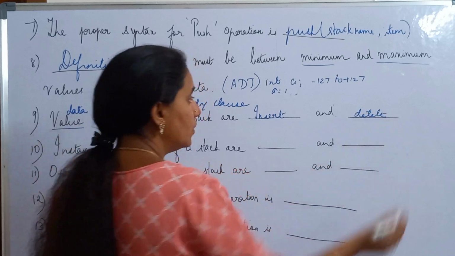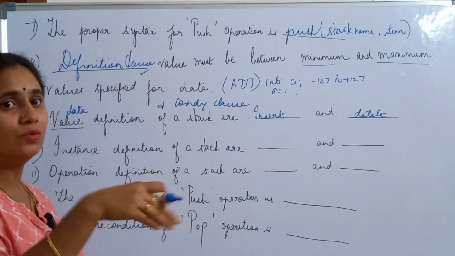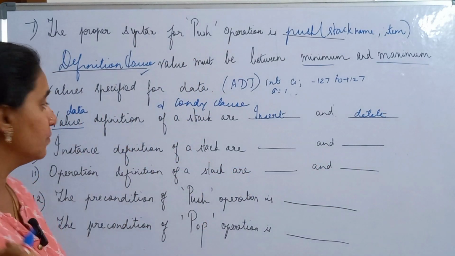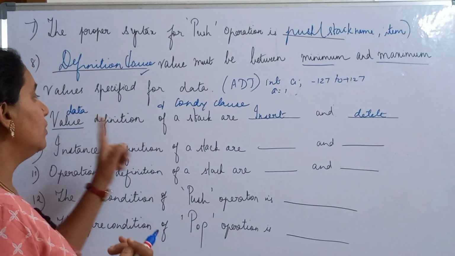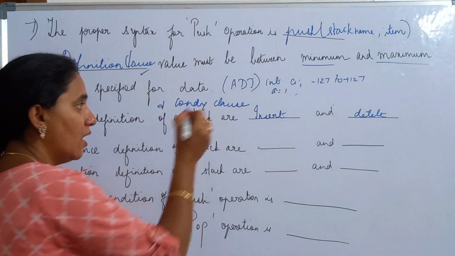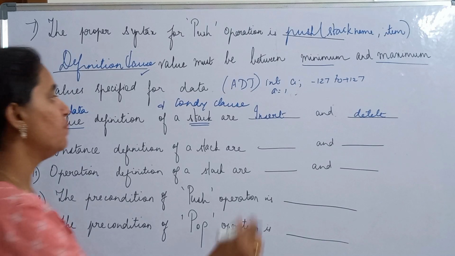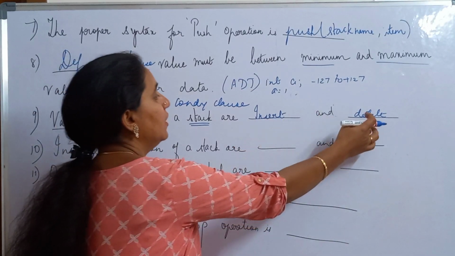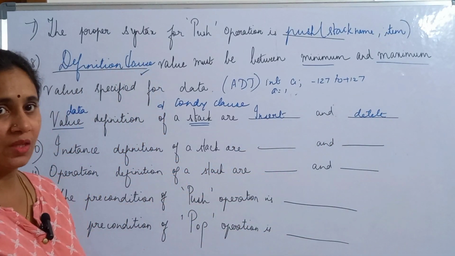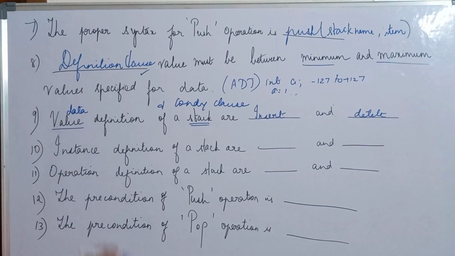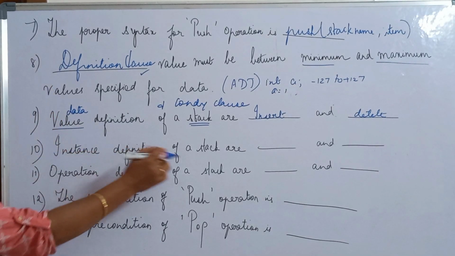This is the actual value that we are going to put or get, right? So the value definition of a stack, if they ask, the answer will be inserting a value and deleting a value, right? Now next we will go for the instance definition of a stack.